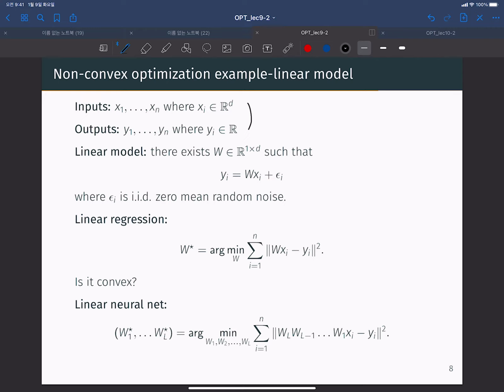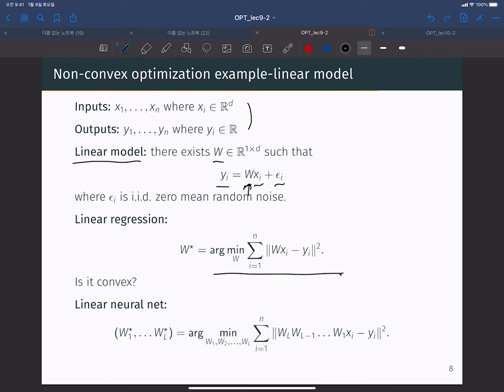For instance, consider a very simple linear model with a d-dimensional parameter w, mapping output y equal to the parameter w and the xi input in an inner product, plus some noise. So this is linear regression, and we find the model parameter w using this optimization problem.